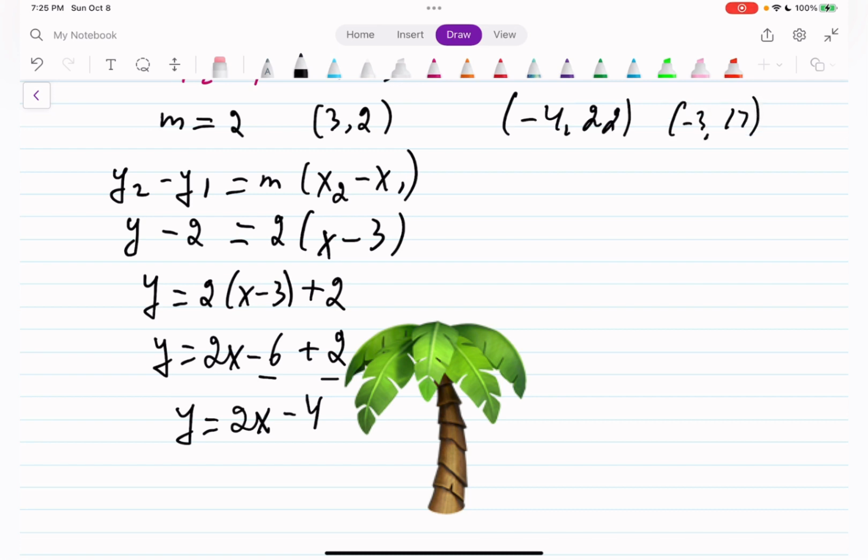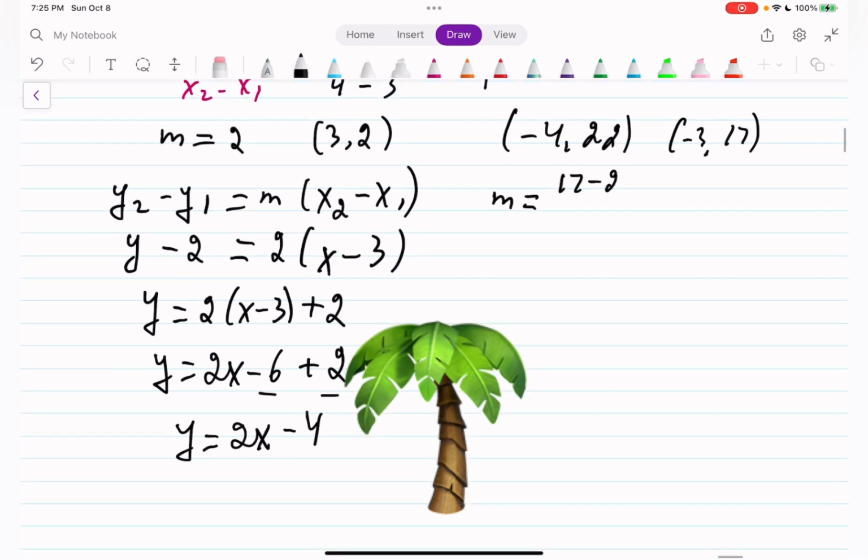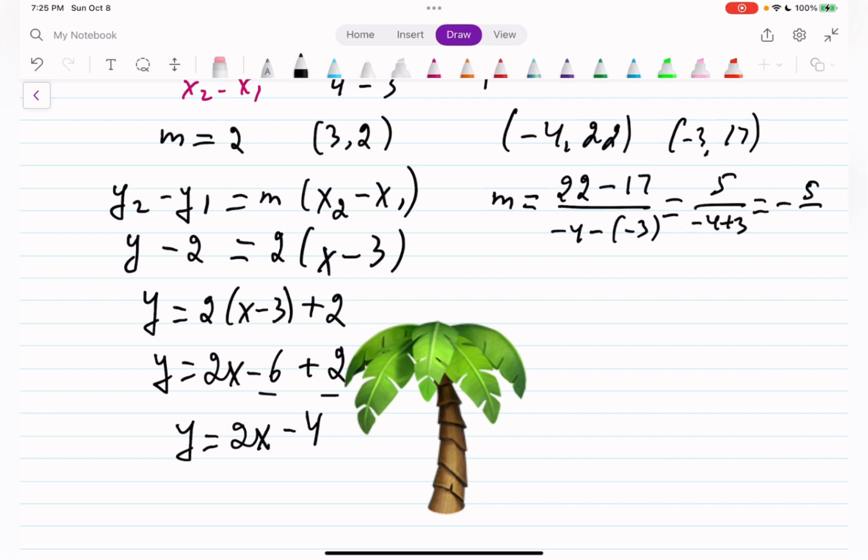So first thing we find m. Let's do this time 22 minus 17, go that way, so as not to deal with negative numbers. And then negative 4 minus negative 3. It's going to be negative 4 plus 3. We'll still end up with negative 5 over 1, which is negative 5.